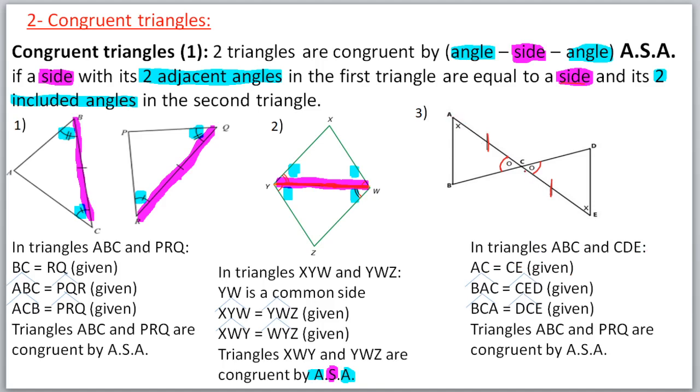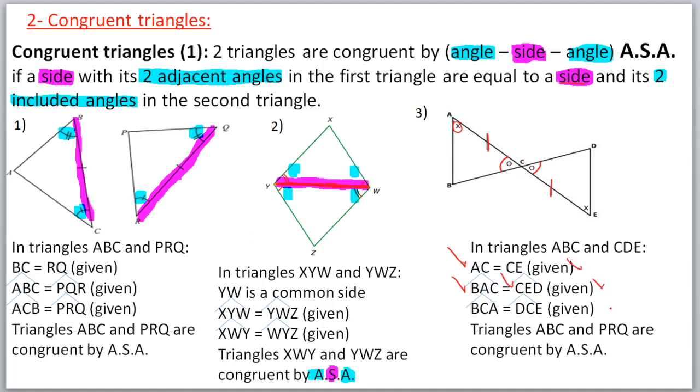Here angle BAC. Where is angle BAC? This one is equal to angle CED, also called angle DEC.